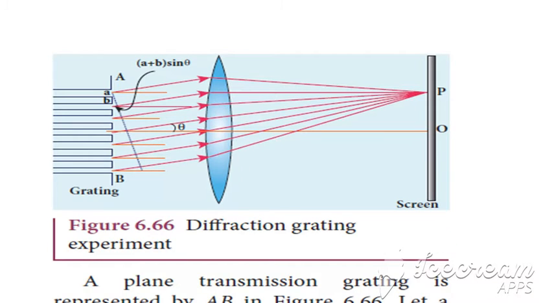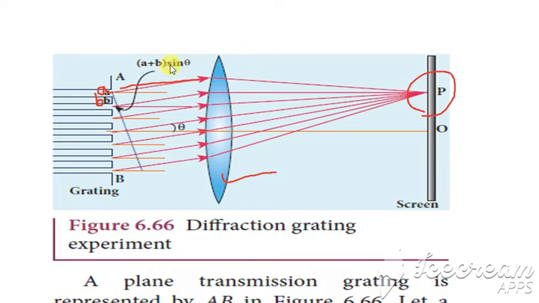So this is the diagram we have. This is a grating element, and it is made to pass through the lens. In the grating element we consider this to be A and this to be B. The light passes over this and falls on the lens. After that, it is converged to one single point.